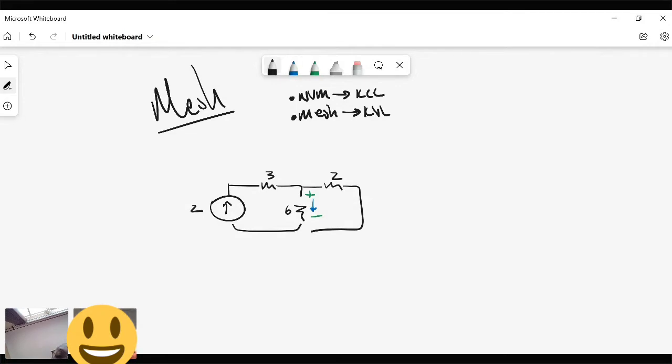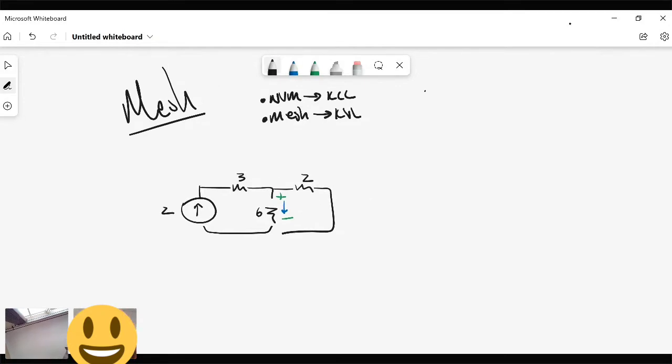The thing about mesh current is you don't need a ground. Just like how node voltage method has 3 steps, mesh current has 3 steps. Only thing is every time you focus on voltage in node voltage, you focus on current in mesh current, and vice versa. As long as you know one, you just have to do the reverse rule to figure out the other one.